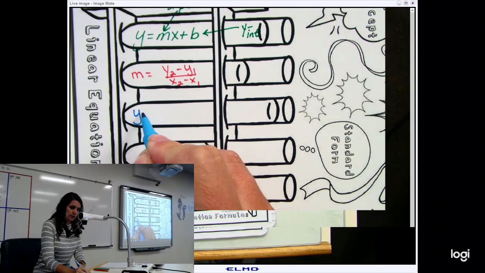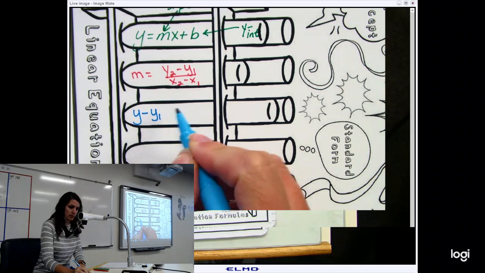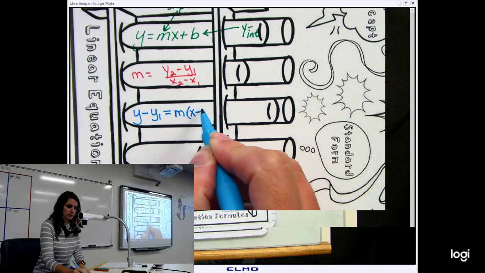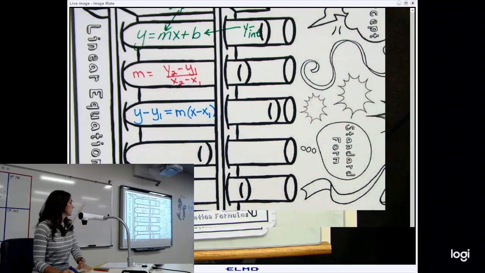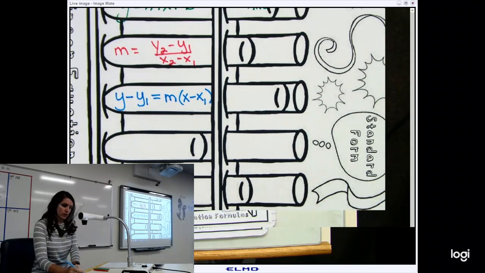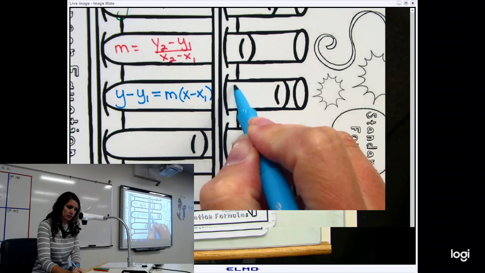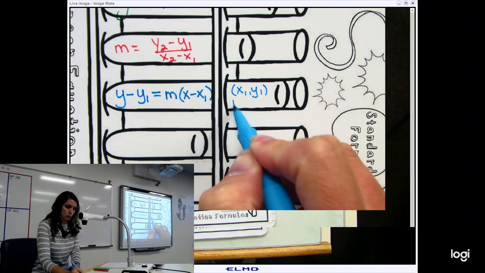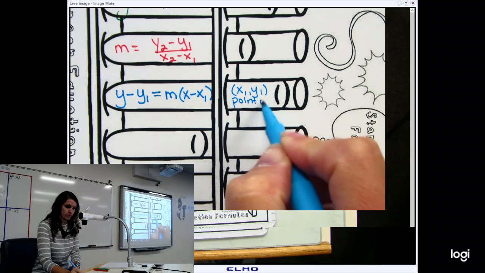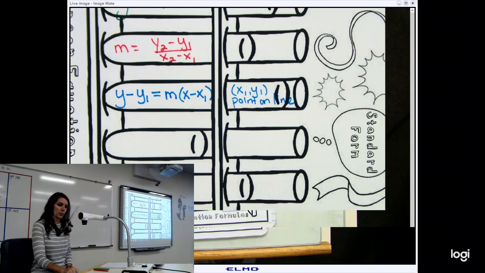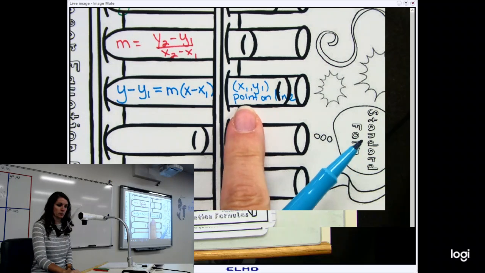It is y minus y1 equals m times x minus x1. And that is where x1 and y1 is a point on the line. And you already know that the m stands for slope. So right there through that black, it says point on the line.